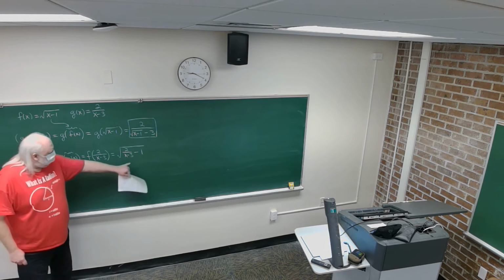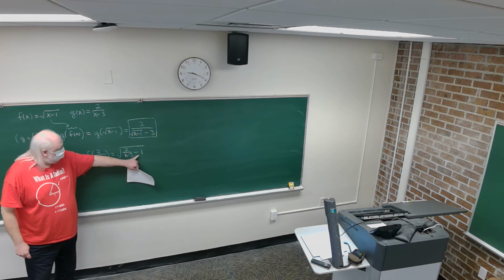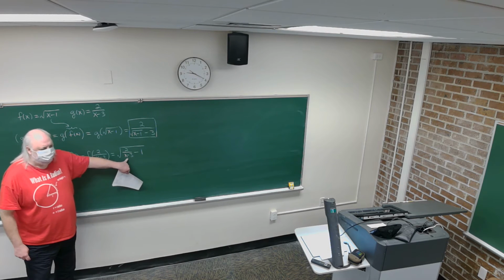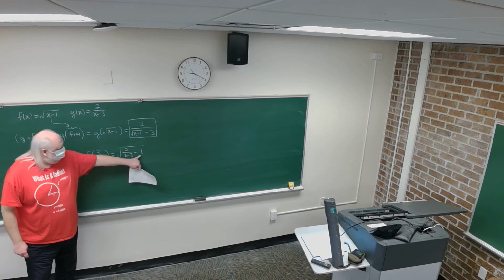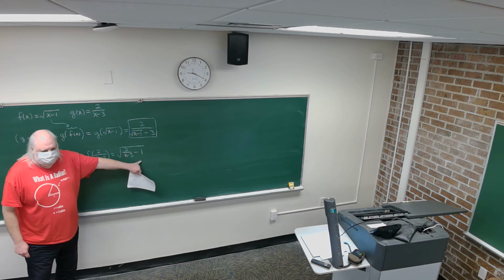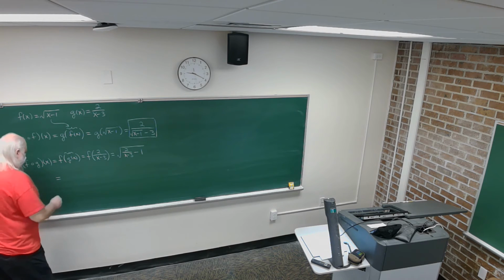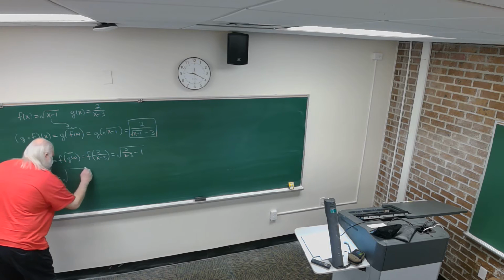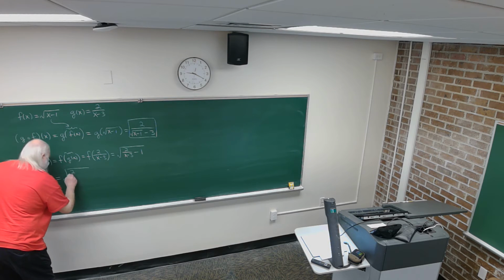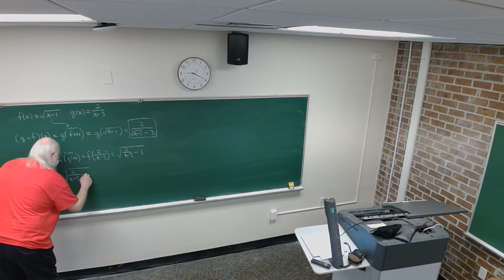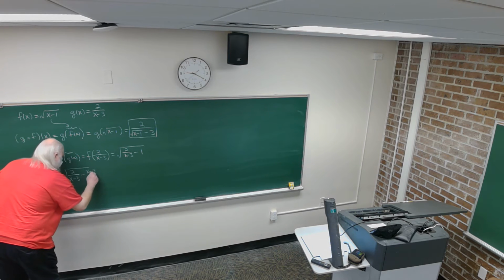To simplify this under the radical, you're going to write 1 with the common denominator x minus 3. So we write 1 as x minus 3 divided by x minus 3. So we make the square root 2 over x minus 3 minus x minus 3 over x minus 3.